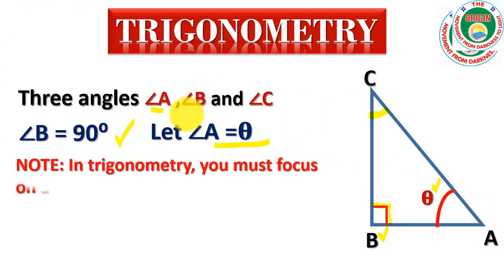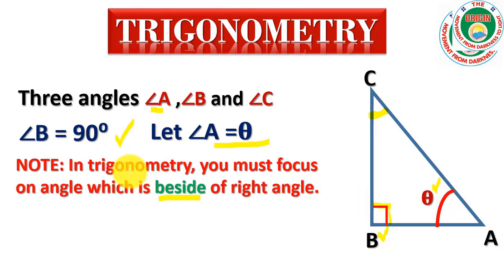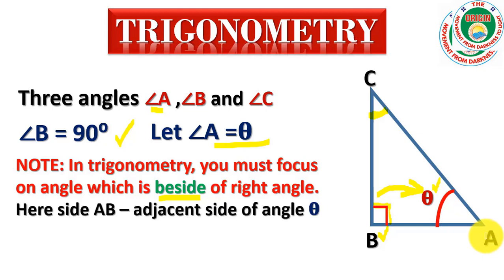Note, in trigonometry you must focus on the angle which is beside the right angle. What is the right angle here? 90 degrees. Beside the right angle is this one. You must focus on theta, that means angle A only. Here AB is the adjacent side of angle theta.